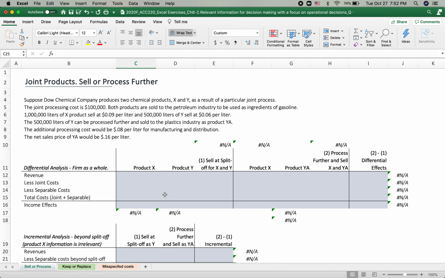The 500,000 liters of Y can be processed further.